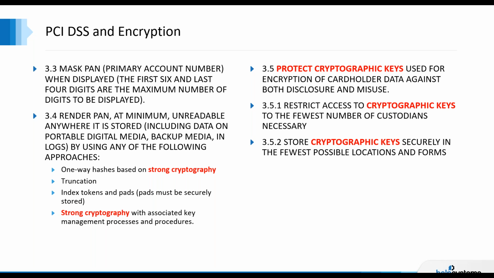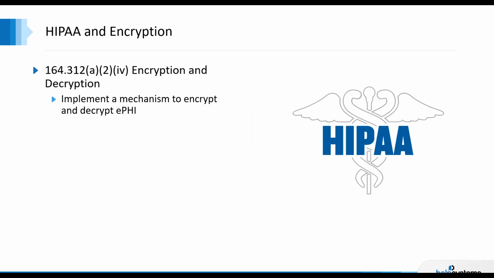And that could be inclusive of portable media, backup media, or of course, any logs that are being generated. And this protection has to be done through some of the mechanisms that we've listed here. So many mentions within PCI of the necessity and benefits of storing this data in a form that if somebody were to access it without permission, that they are unable to actually read or leverage that information for personal gain.